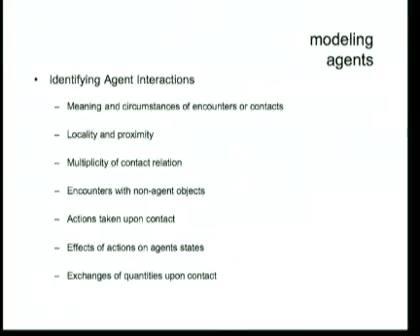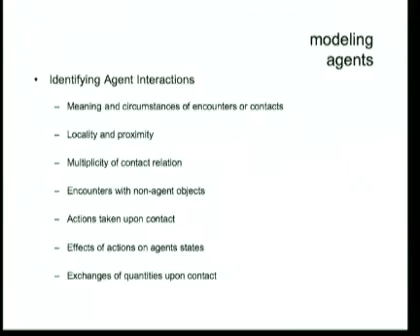Identifying agent interactions is really a central activity to agent-based modeling. The interactions between agents, as we discussed last time, are the root of interesting and emergent behavior. So carefully identifying the interactions is very important. First, you have to capture the notion of what you mean by an encounter or a contact between agents.